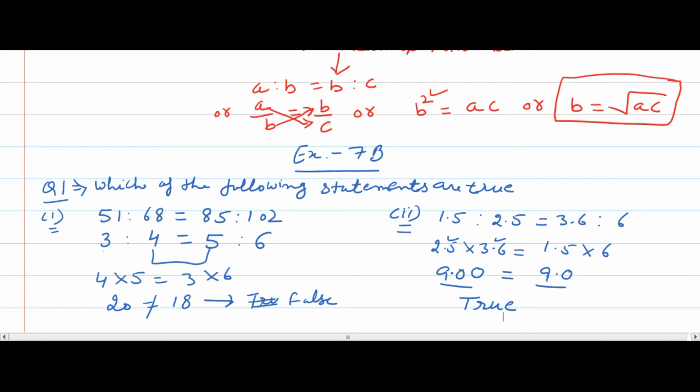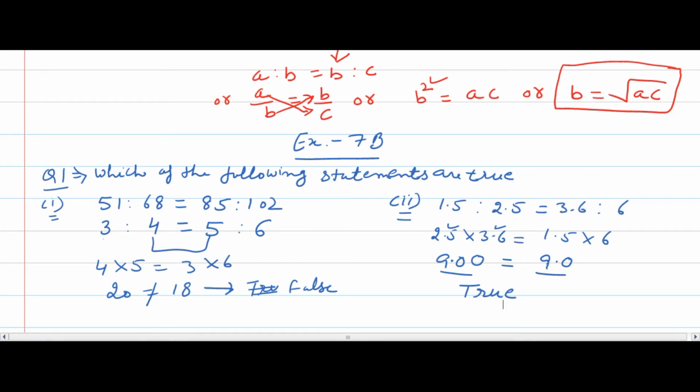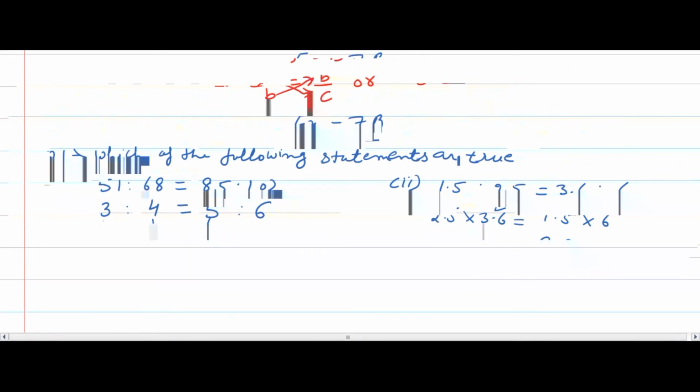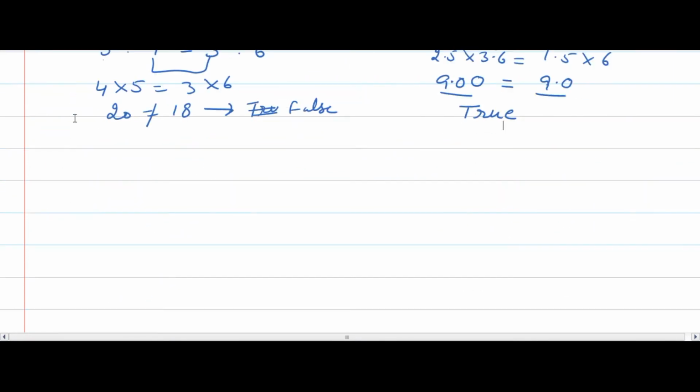Right students? Now we will move on to the next part, that is third. So write it here, third.